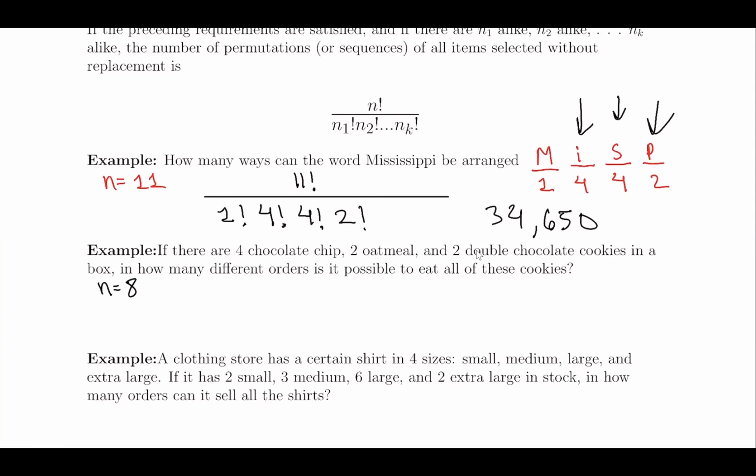Cool. So now we're going to list out all of the different types of cookies. So we have chocolate, we have oatmeal, and we have double chocolate.